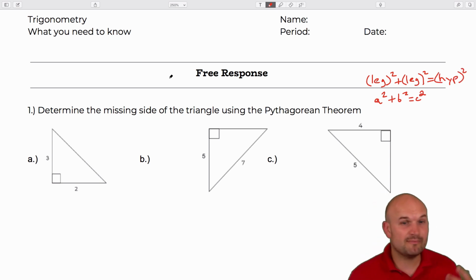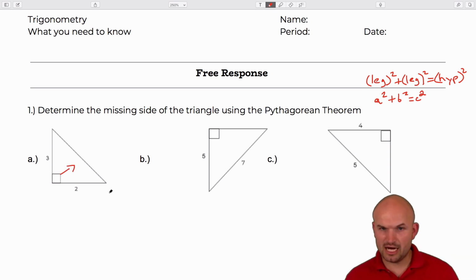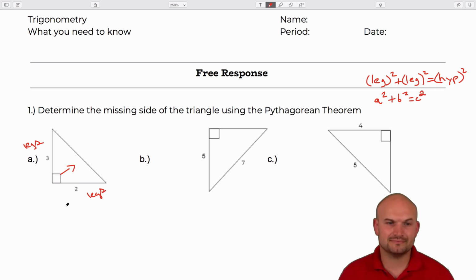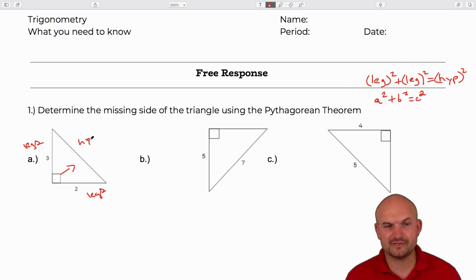So we need to remember the different parts of a triangle. The two sides that make up a right angle are what we call our legs. So we're going to call these two the legs. And the side length that is directly across from the 90-degree angle is what we call our hypotenuse.